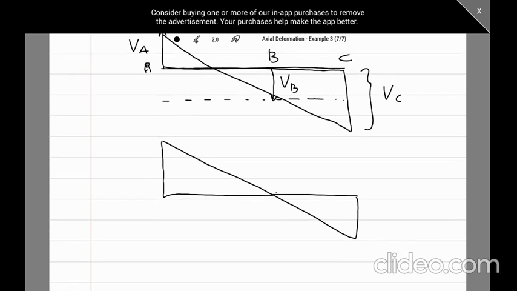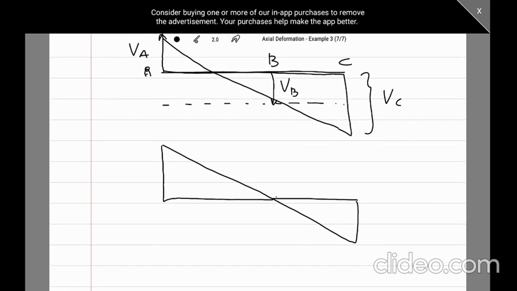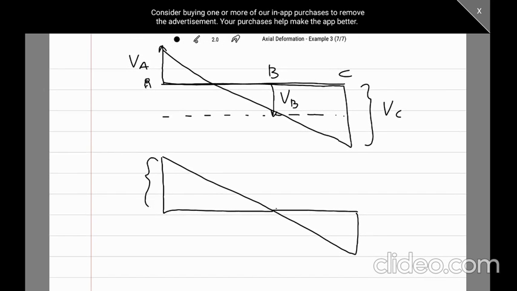All right. So this line here is basically VA plus VB. So here is VA plus VB, and this line here is what you want to find, right?